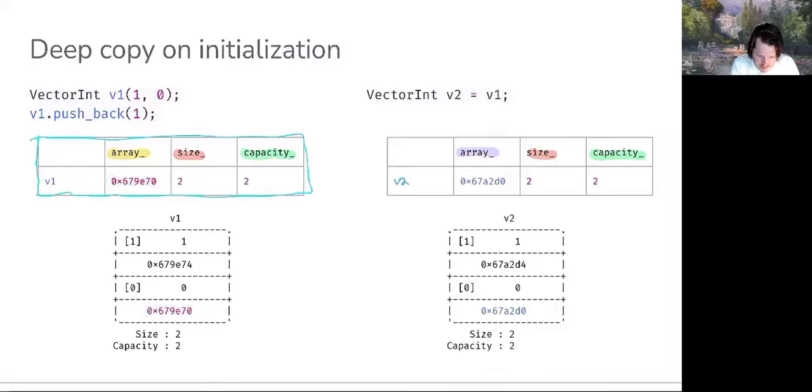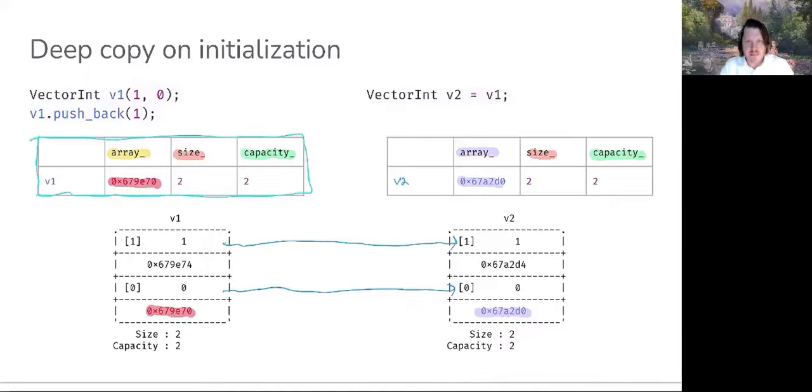And I guess just to be consistent with all these colors, if y'all haven't figured out yet, I like colors. v1's address is different. However, if we look at the composition of the array pointed to by v1 and compare that to the array pointed to by v2, notice that the values at the corresponding indexes were copied from v1's array into v2's array.